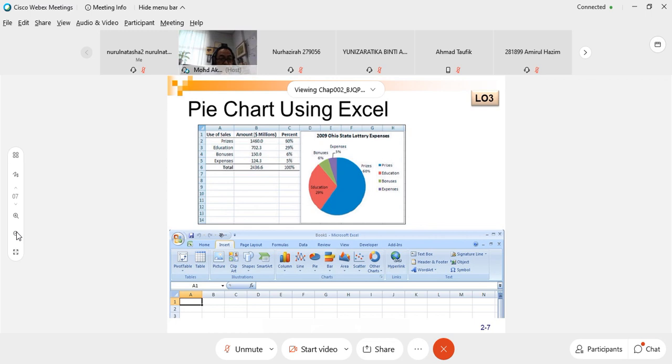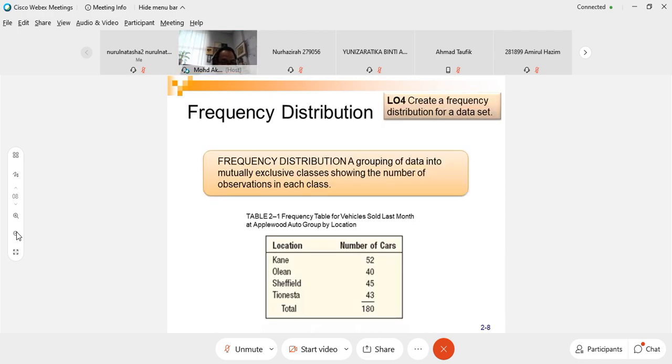Usually in Excel, they provide how we develop the pie chart. So they have an icon there. That means we input the raw data in the Excel, then we can construct the pie chart using the Excel. Okay, the next is frequency distributions.